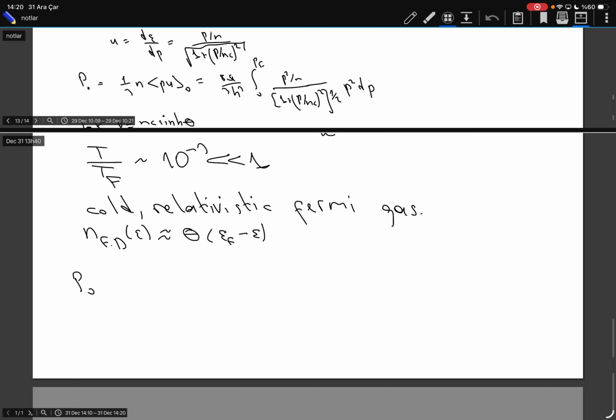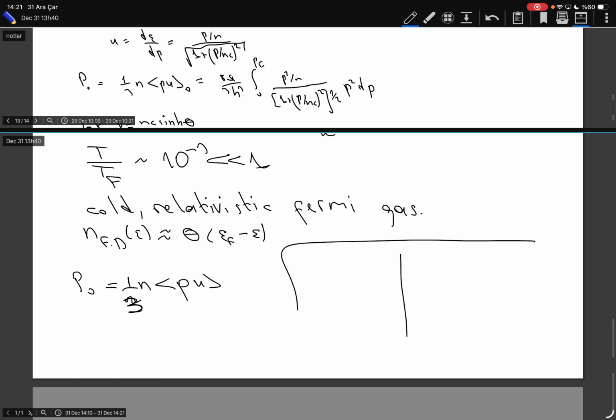And we had seen that the pressure is actually given by 1/3 n times the average of momentum times v. Now, if you don't remember, what we had done was we had assumed a wall, with these particles colliding with the wall.